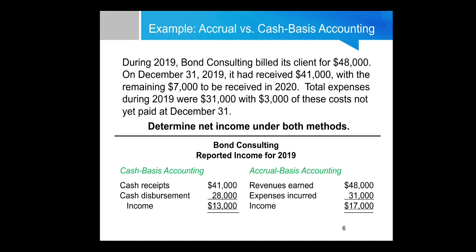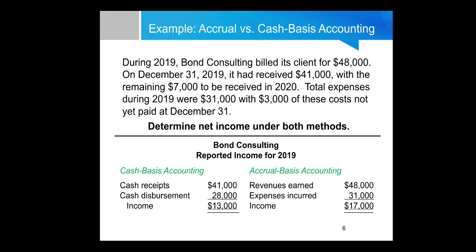But when you use accrual basis accounting, remember, expenses are recorded when they happen. So in the year 2019, total expenses that happened were 31,000. Under accrual basis accounting, total expenses are 31,000. Now you can calculate the profit.